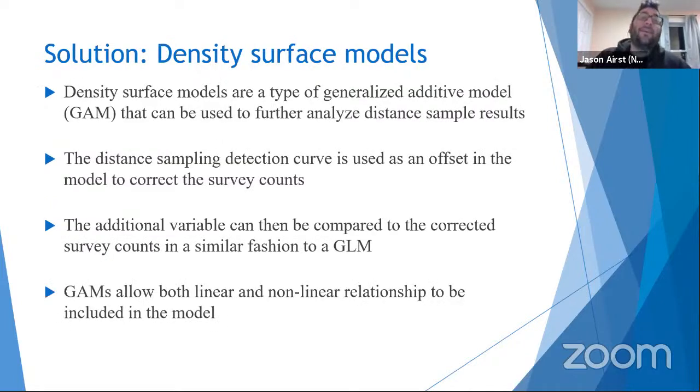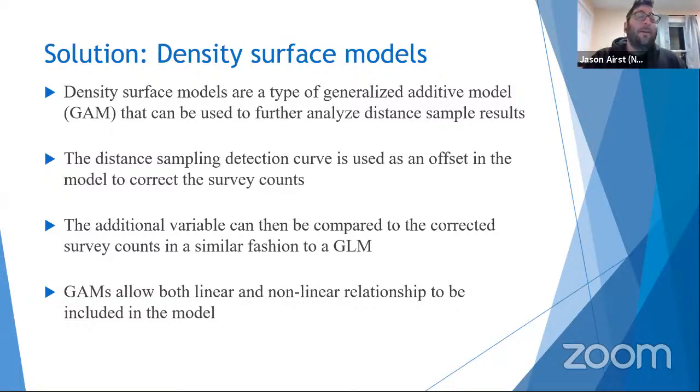We do this by using a model called a density surface model, which is a specialized type of generalized additive model. And in this model, we're using the detection curve from our first analysis, from our first model, as an offset to correct the survey counts now in our new model.